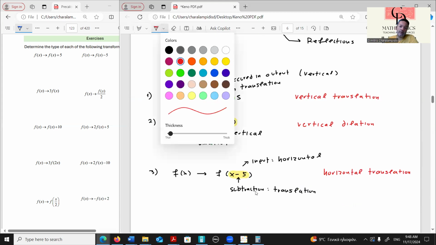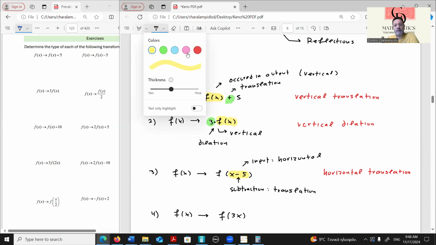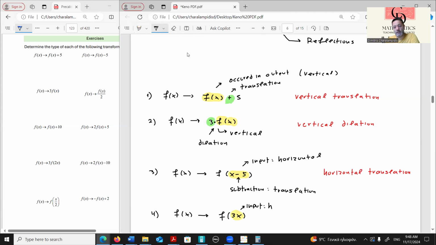Next, from f of x, we go to f of 3x. Once again, we had a change that was applied just in the input. So the input makes it a horizontal.